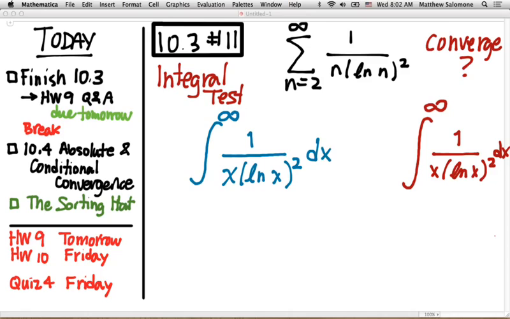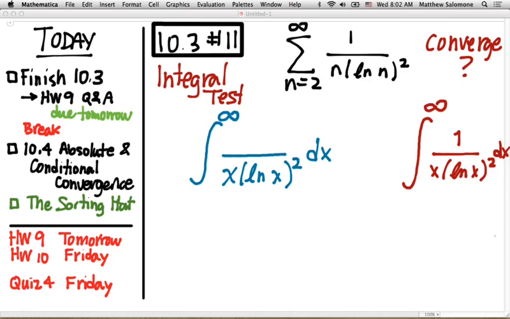So the real challenge in this problem, I think, is evaluating this improper integral. We need an antiderivative for 1 over x times the square of the natural log of x. So how are we going to find one? What's our technique here? Yeah? Should we separate 1 over x from 1 over ln of x squared? We could do that.